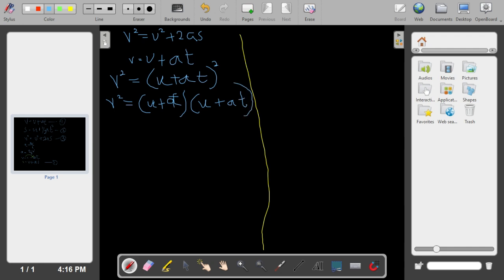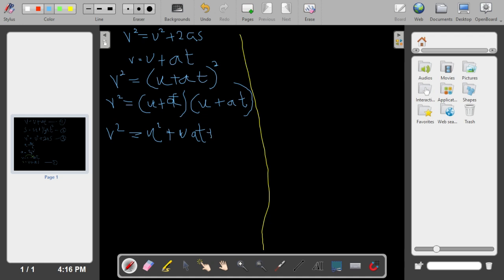So in this case, that means v squared equals u times u gives you what? U squared. Plus you have u times at gives you uat. So at times u gives you another uat.